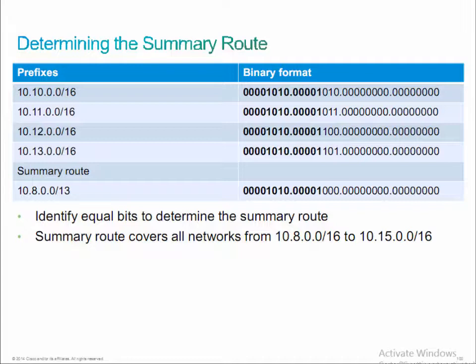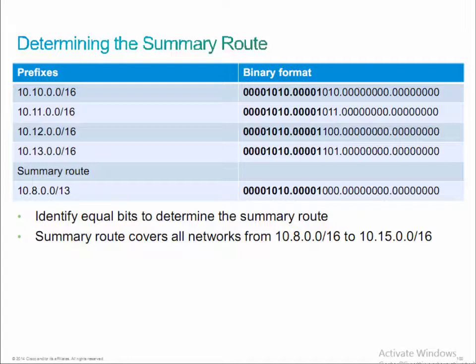So now I go down to my next boundary, which is 8, 10.8. I can do a summary range of 2, 4, and 8 if I start at 8, because 2, 4, and 8 are evenly divisible into 8. Does that make sense? It's kind of a little trick to identify what summary blocks you're allowed to create.